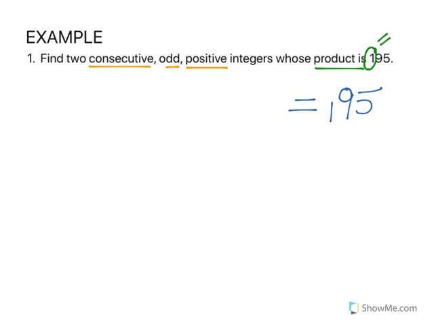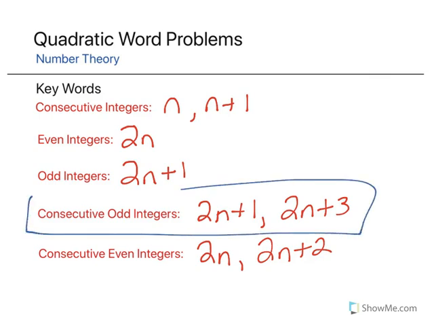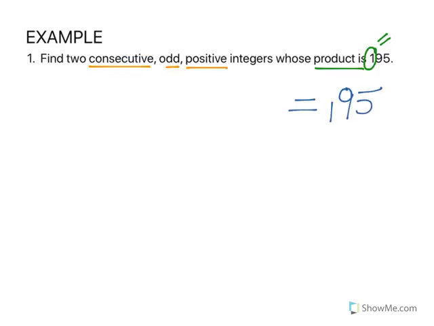We know what consecutive odd integers are from the previous slide. I'm going to take those two and multiply them together.